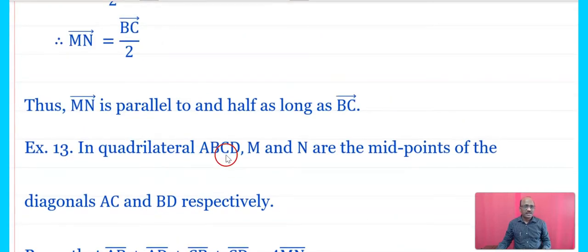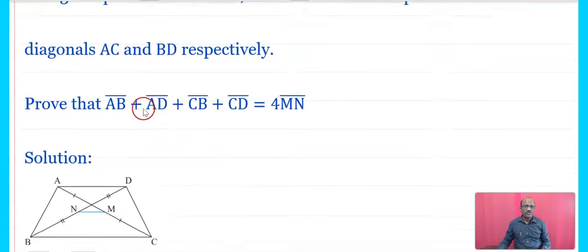In quadrilateral ABCD, M and N are the midpoints of the diagonals AC and BD respectively. Prove that AB bar plus AD bar plus CB bar plus CD bar is equal to 4 times MN. Very complicated triangles, and the path is selected here.